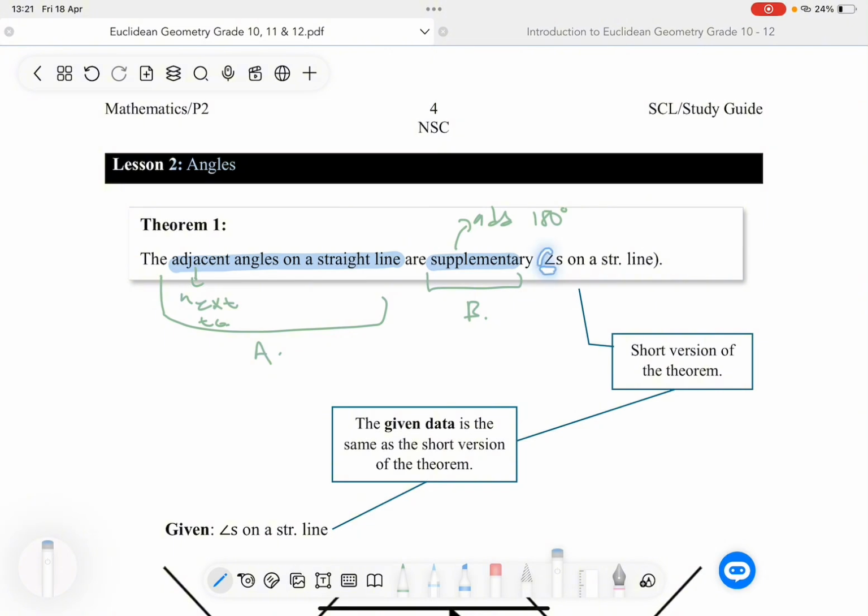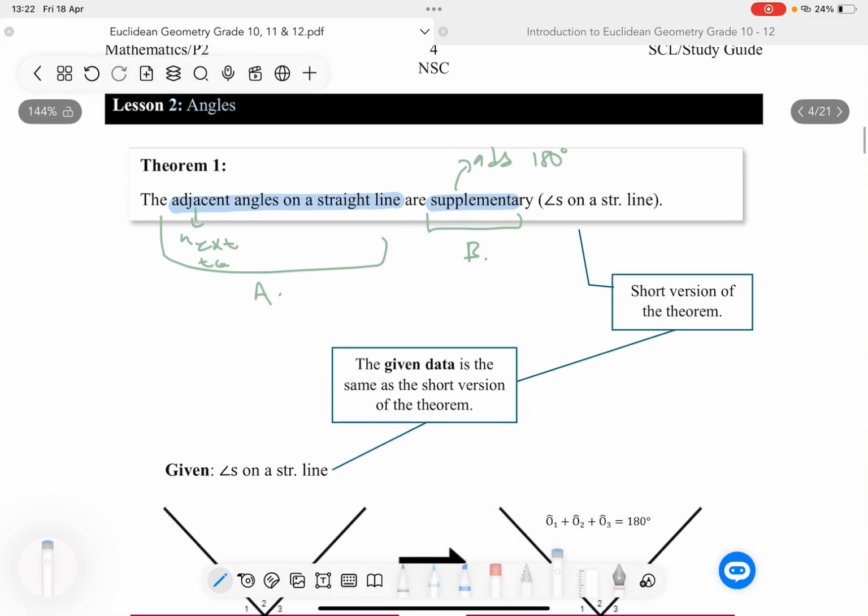If you see something like this, it stands for angle. If you put an S at the end, it means angles. So if I read the whole thing, it reads as follows: angles on a straight line. Whenever you see a statement like this that says angles on a straight line, it is actually theorem 1. It basically in full means that adjacent angles on a straight line are supplementary.